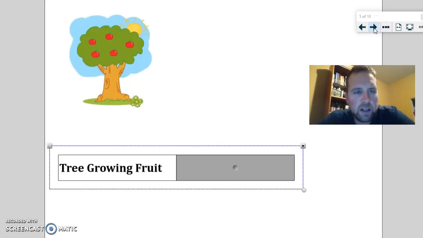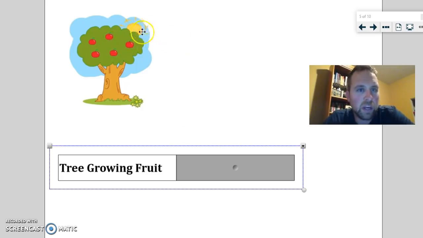The third example I have is tree growing fruit. This one is a little bit more complicated, but still pretty simple. If you think about a tree growing fruit, this is an apple tree. The source of all energy for all plants is always going to be the sun. So if we think about the sun here, it's giving off radiant energy. Now, I know that it's giving off thermal as well, but a tree does not use heat to grow fruit.